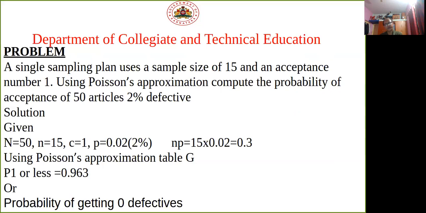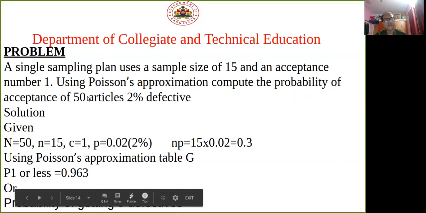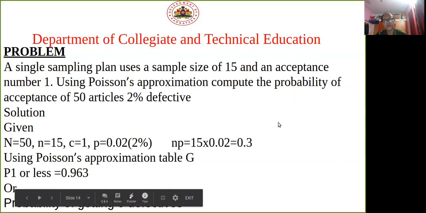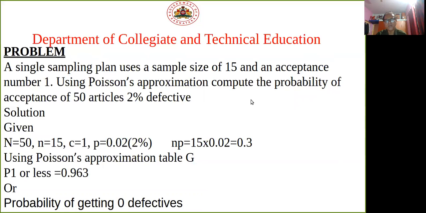Now we have to calculate NP. Because we are using the Poisson approximation, we need to find NP. So NP is equal to the sample size 15 into 0.02, which is equal to 0.3.